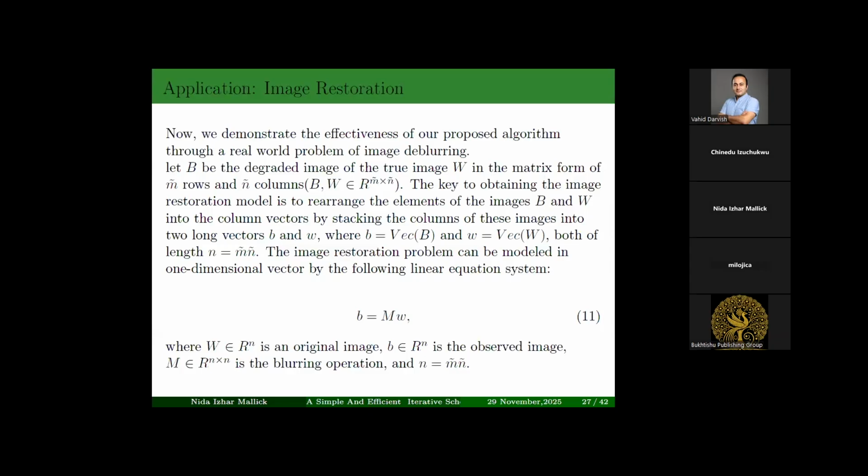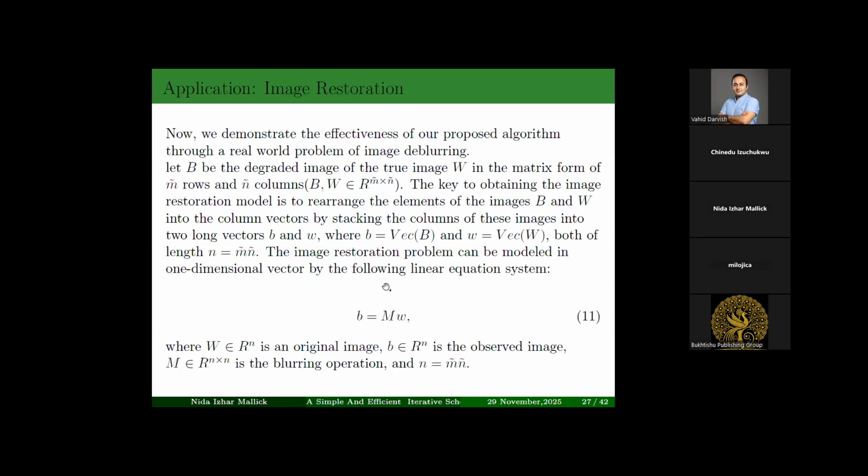Now, as the convergence of our proposed iteration is developed, here I am showing that our iteration is not just of theoretical use, but can also be applied to the real world problem of image restoration. To apply it, I first formulated the image restoration problem as a split feasibility problem.